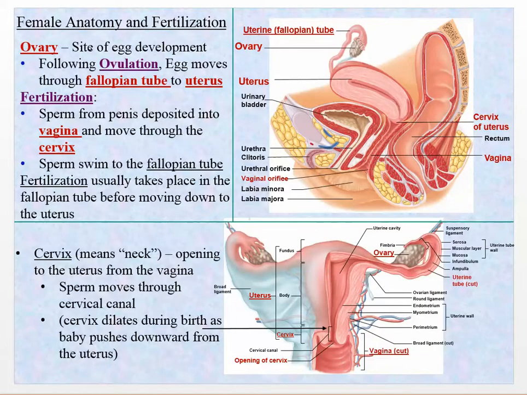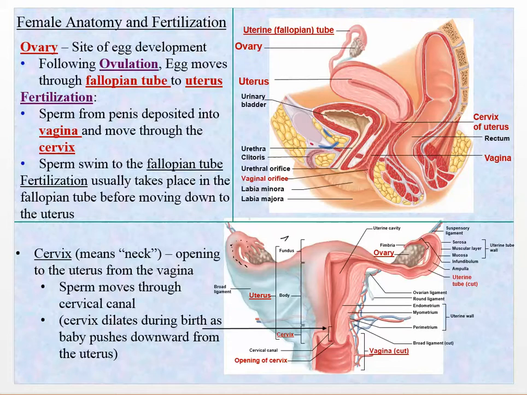Okay, so first of all, a little bit on the anatomy. There are 2 ovaries, and they sit in the lower abdominal region off to the sides, and that's where the egg, or the oocyte, actually develops. That's also where hormones like estrogen and progesterone are produced. The egg can leave the ovary, and that's ovulation, and it will move into the fallopian tubes, or the uterine tubes, and travel down the fallopian tube.